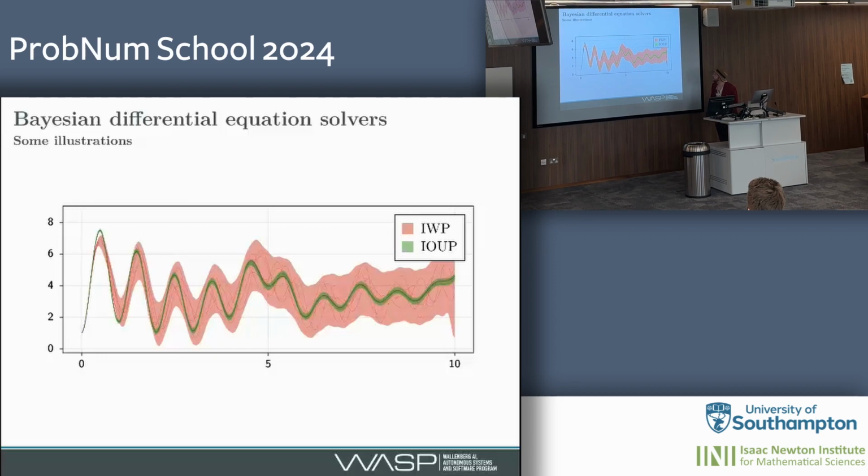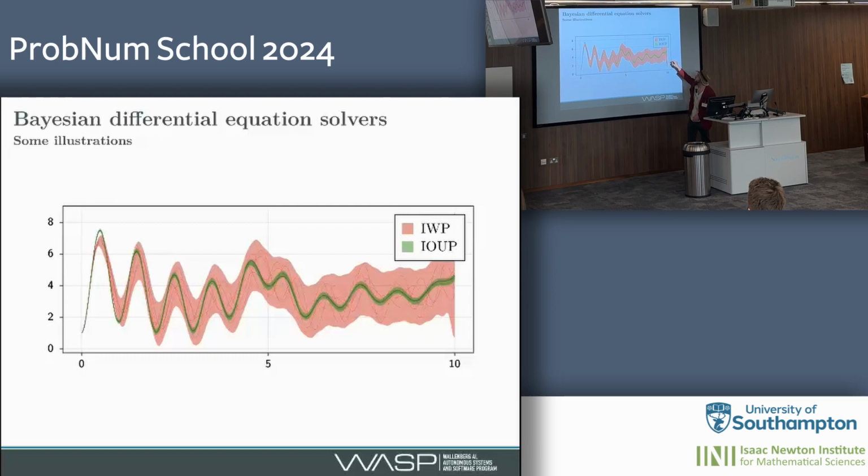And then we have the green one, which is the integrated Ornstein-Uhlenbeck process, which included linear bits. And so you see, the prior matters a lot in terms of what kind of solution you might get. The correct solution is in fact plotted here in black.